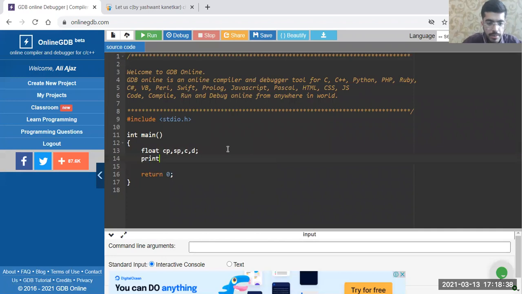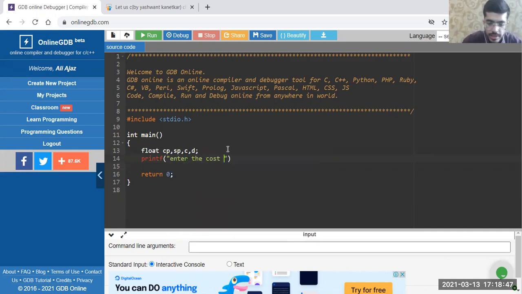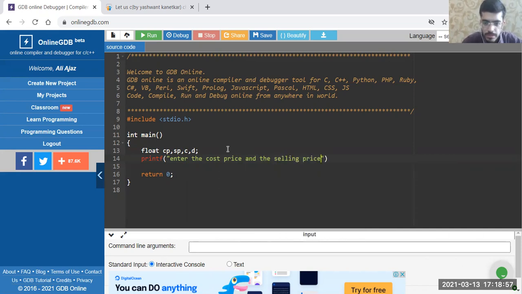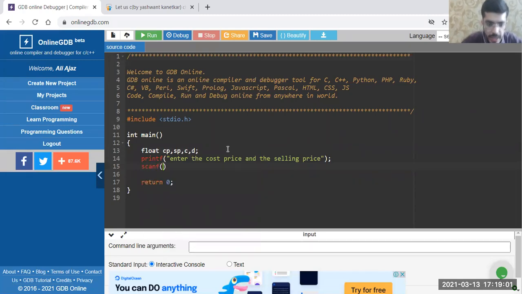What we'll do in the next step is tell the user to input the two values: enter the cost price and the selling price. We take values from scanf.